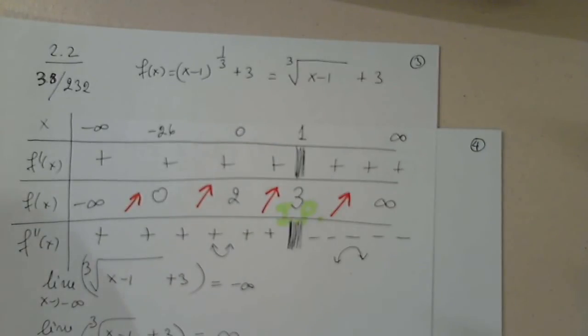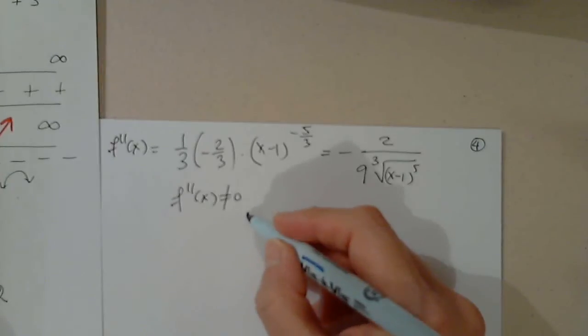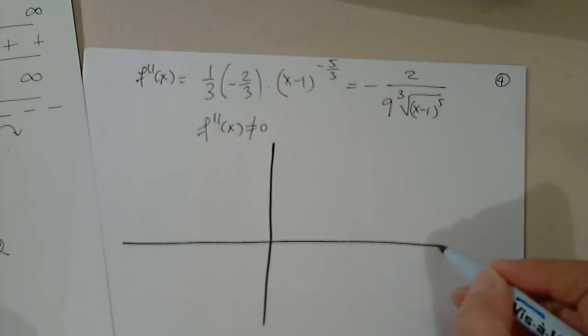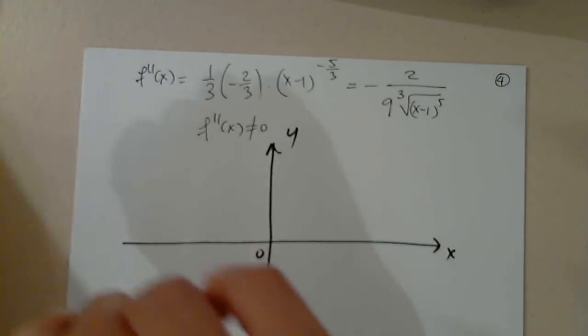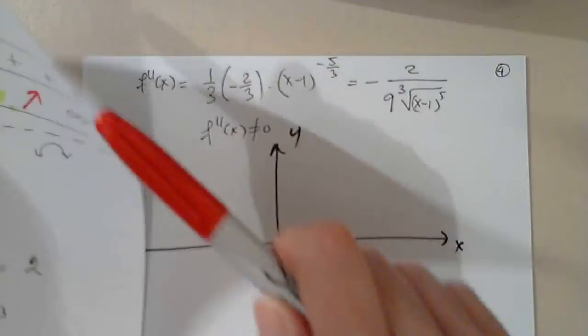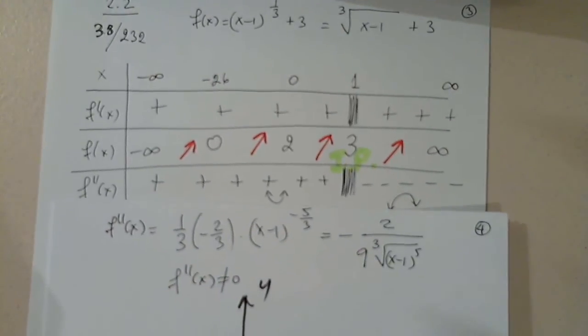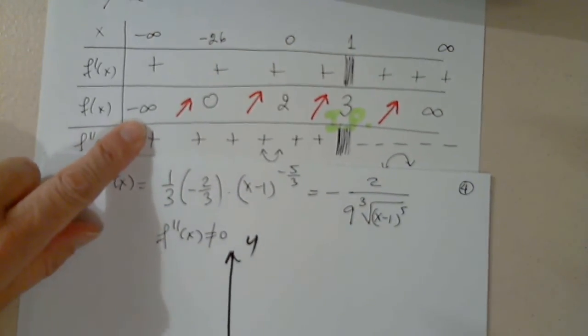Let's graph the function. Okay, I look at my chart, that's all I need. Nothing else matters right now. So I see that the function is always increasing.